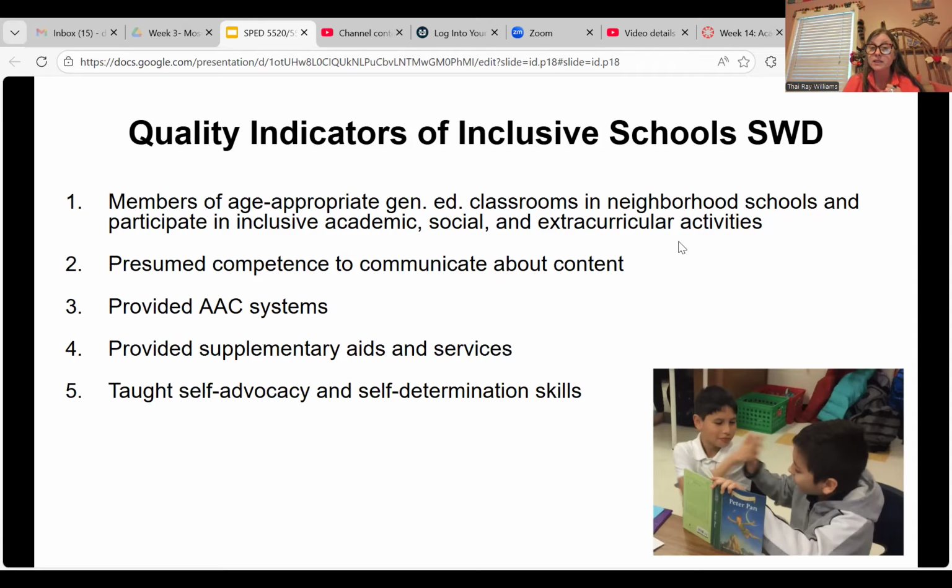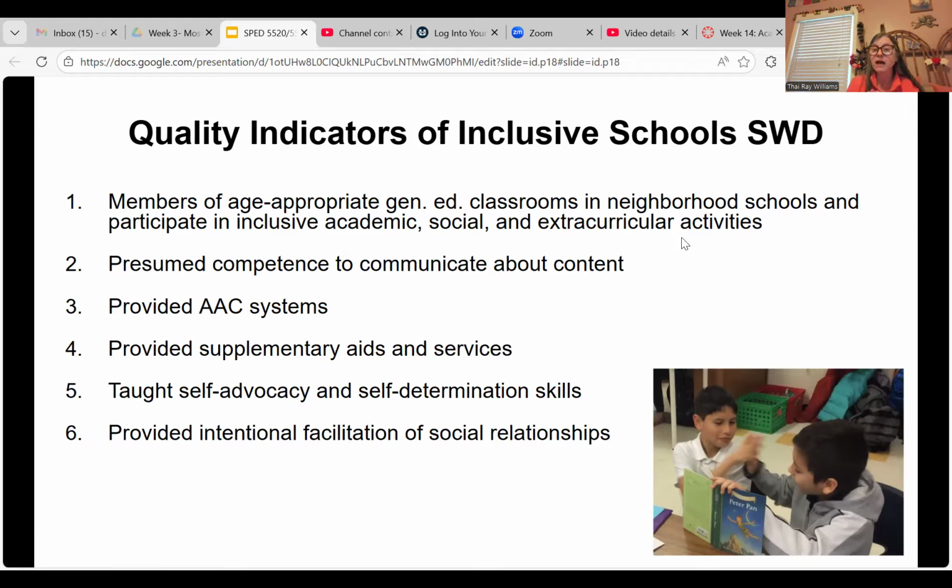Not only that, they teach students with disabilities self-advocacy and self-determination skills. Think how important those are. Quality inclusive schools recognize that. They provide intentional facilitation of social relationships. You think about being in school, I can speak for myself, those social relationships, even to this day, are still very important to me.